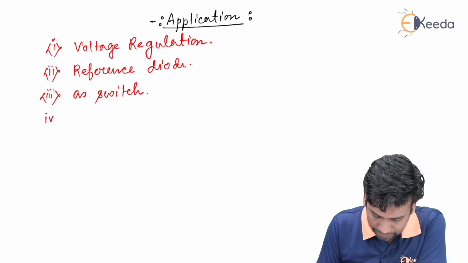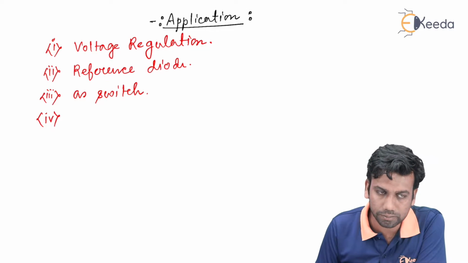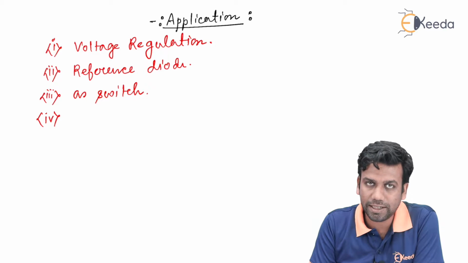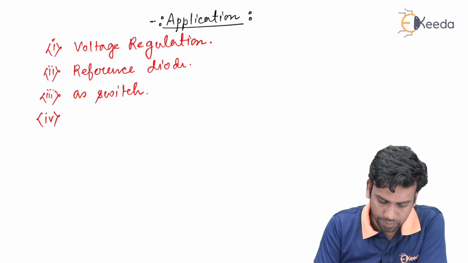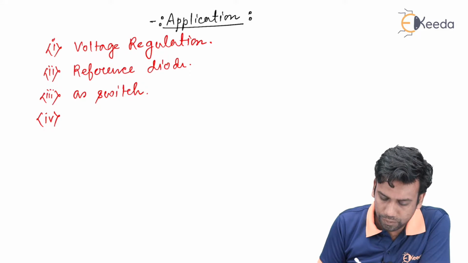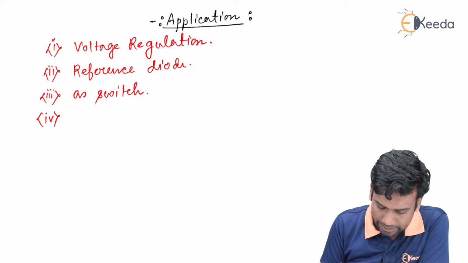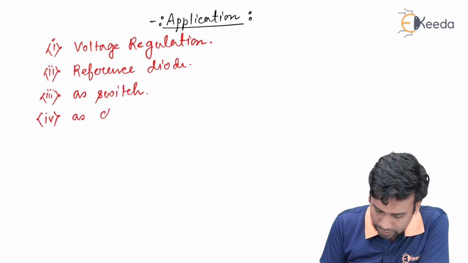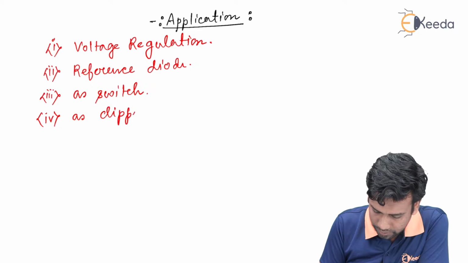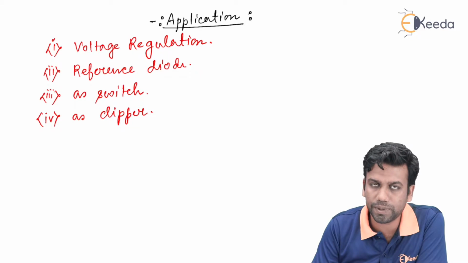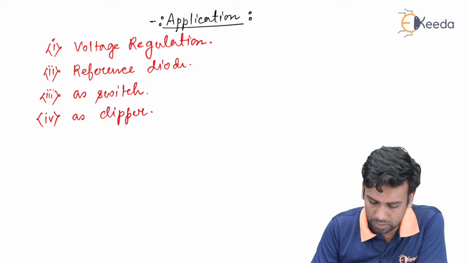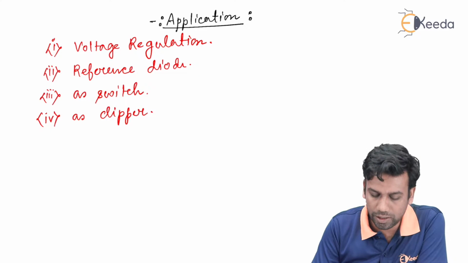The fourth application is that a Zener diode can be used as a clipper element. That means it can be used to clip some part of the signal.